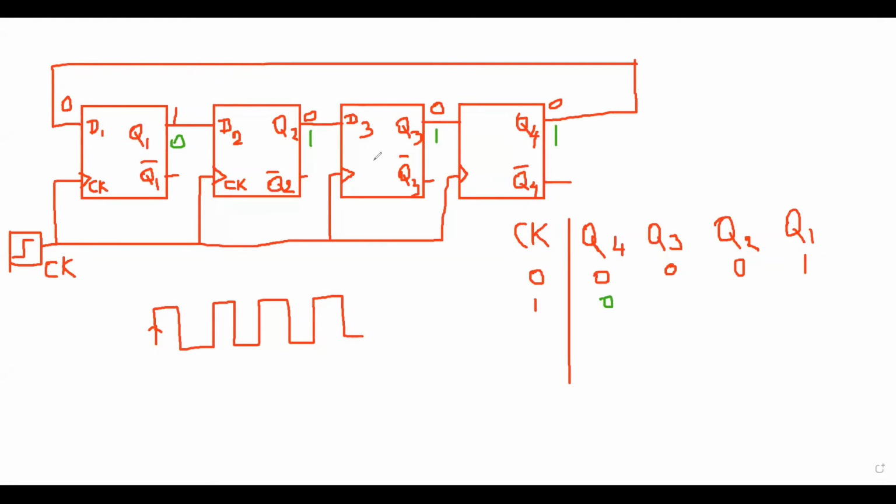Sorry, I made a mistake. Here the 0 will come to the output and this 0 will come to the output. So this is the first clock pulse state, and this 1 will move to the second D flip-flop.